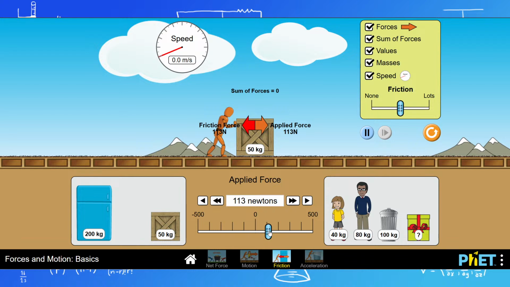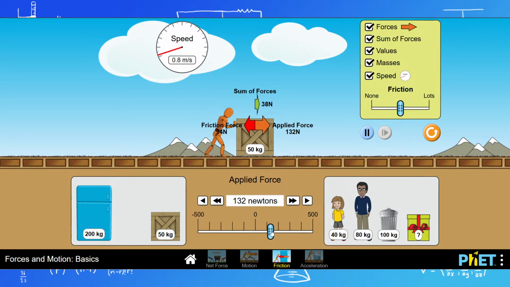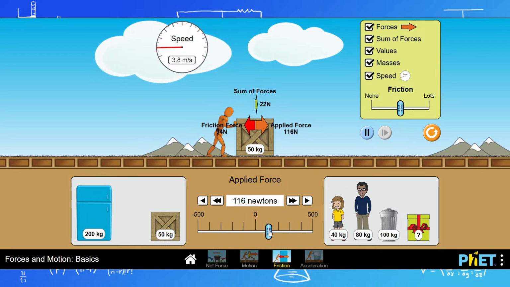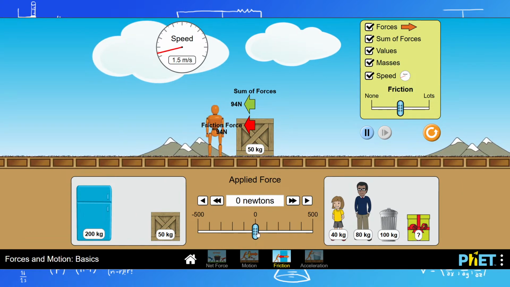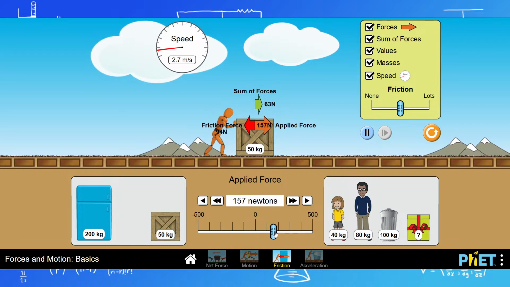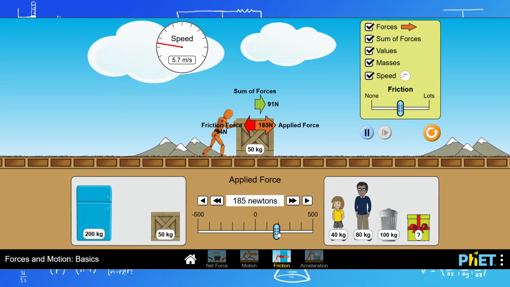Pay close attention to the friction force and notice what happens. Notice how it jumps down to 94. It was at 125, and then suddenly it just jumps down to 94.